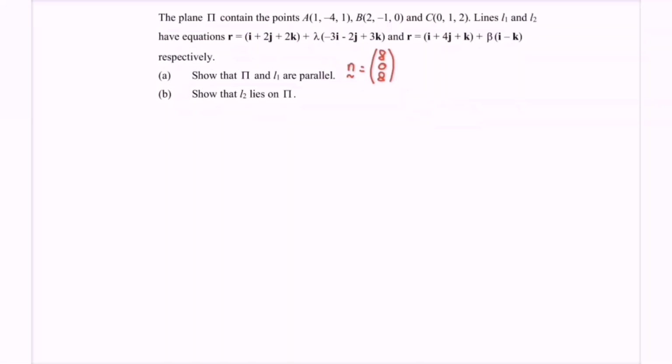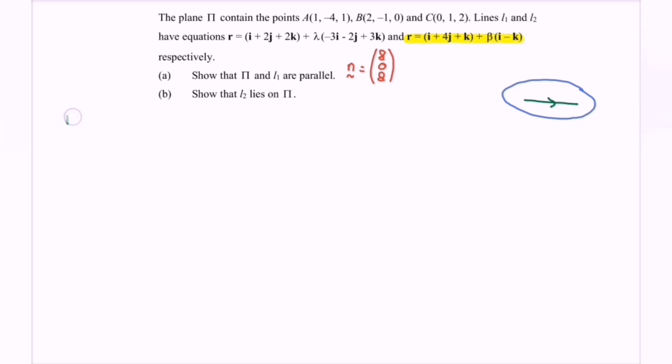Kindly continue to question B. Show that line 2 lies on the plane. As we can see, let's say here we have the plane. Next, they say L2 is lying on the plane. So first, kindly refer to the equation of line 2. Express the situation in vector form.